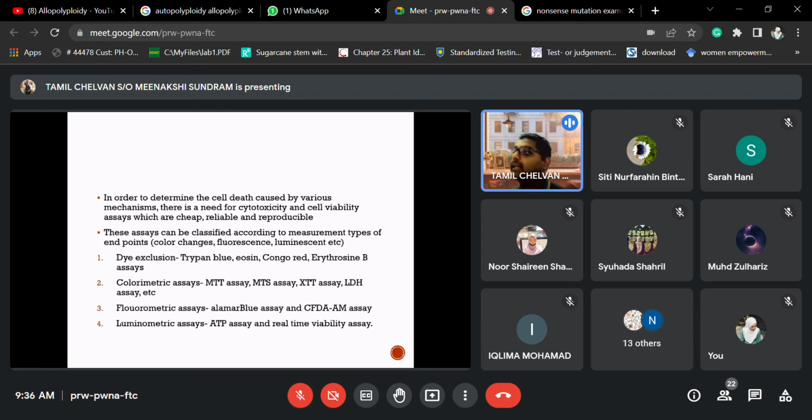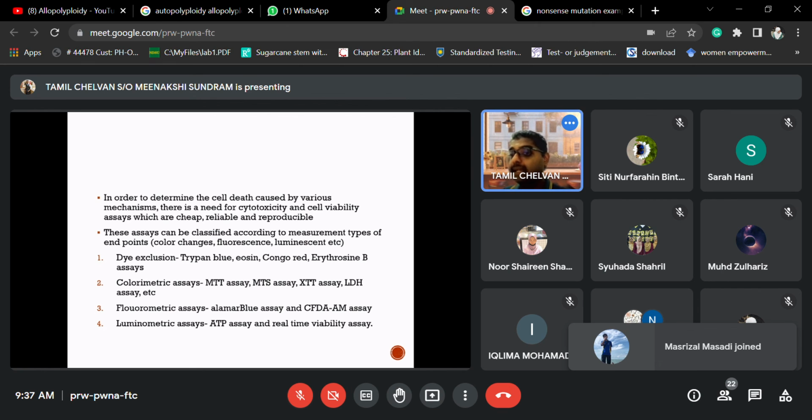In order to determine the cell death caused by various mechanisms, there's a need for cytotoxicity and cell viability assays, which are cheap, reliable, and reproducible. These assays can be classified according to measurement types of endpoints: color changes, fluorescence, luminescence, and so on. These are different types of assays that can be used to check cytotoxicity.